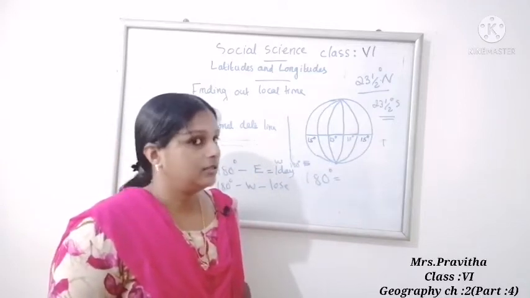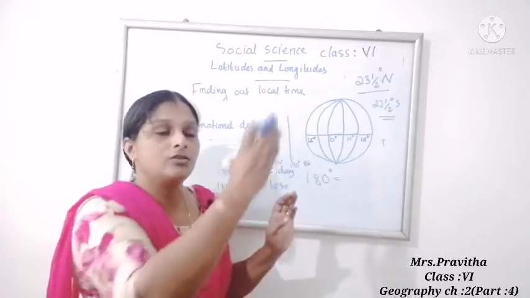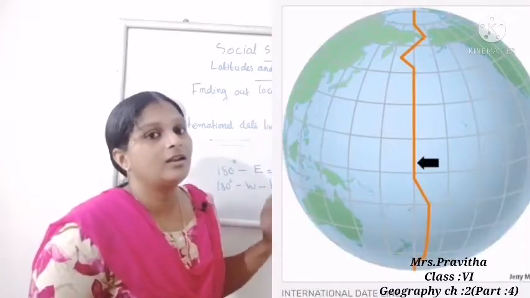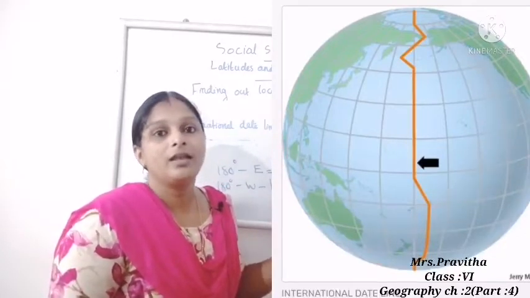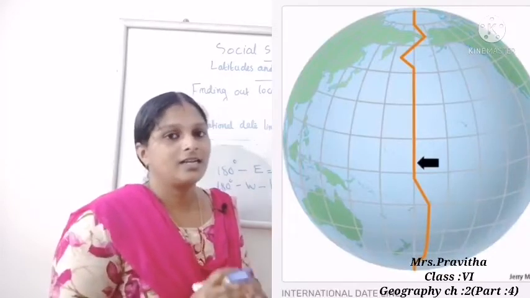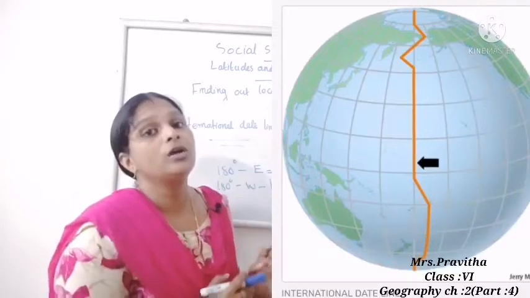That is why this international dateline is not touching any country. It is drawn through ocean. Understood? If it is drawn through any country, what will happen? In the same country, one side will be day and another side will be night. So the international dateline is not touching any country. It is drawn through ocean.